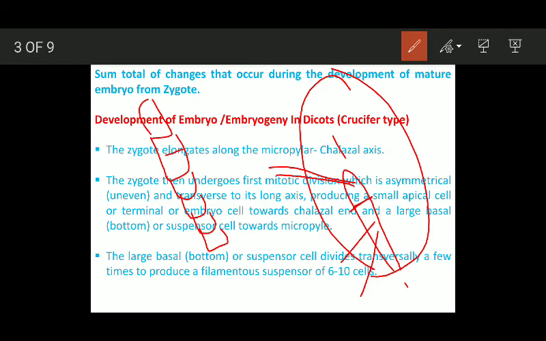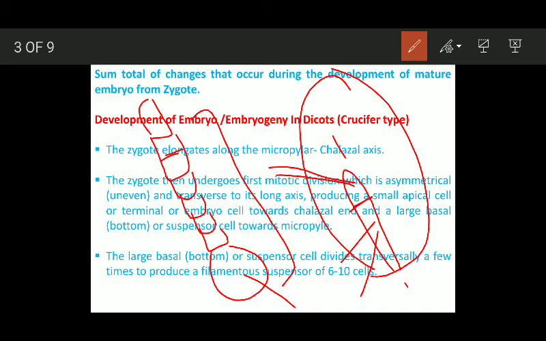This large suspensor cell divides a few times and results in the formation of a filament-like structure known as suspensor, constituted of 6 to 10 cells. The last cell of the suspensor is called haustorium. So remember, the zygote divides and forms 2 cells, a small apical cell and a large basal cell. The basal cell divides a few times, resulting in the formation of a suspensor of 6 to 10 cells.